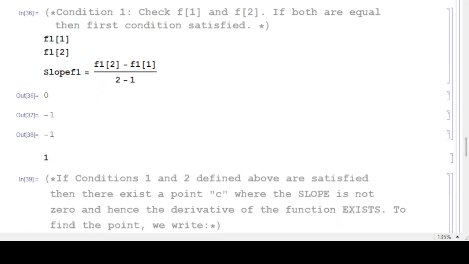So to check the condition of the function at 1 and 2 and the slope of the function, we see that the value of the function at a equal to 1 is 0, the value of the function at b equal to 2 is minus 1, and the slope is minus 1. So therefore, the slope is non-zero and f of a is not equal to f of b.